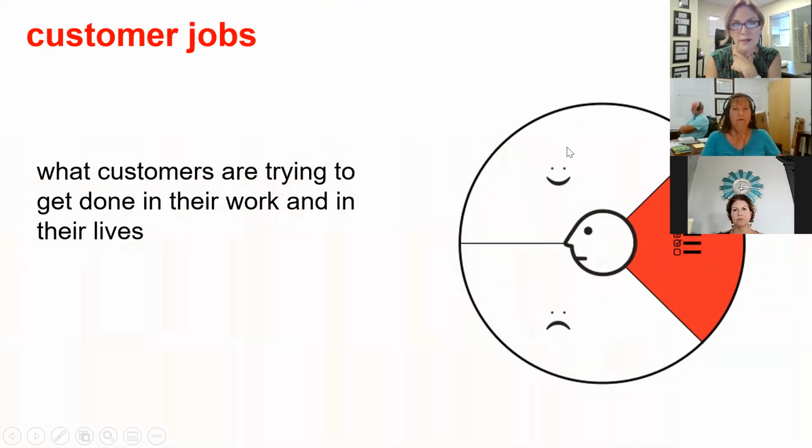So here is what you're going to be putting out: the jobs the customers are trying to get done in their work and in their lives. In this context, you are going to develop what we call the customer architecture, or the customer persona.